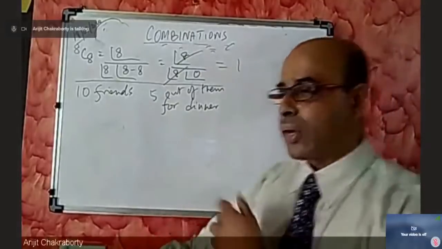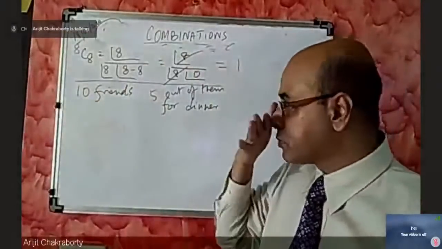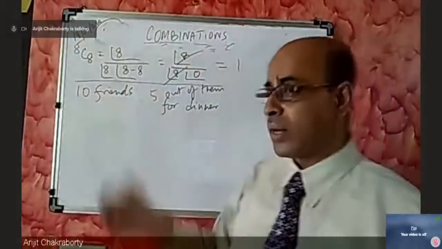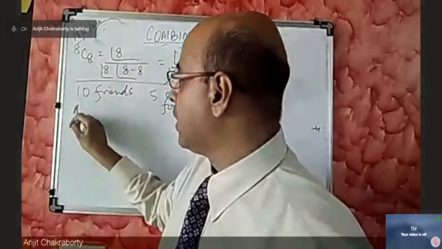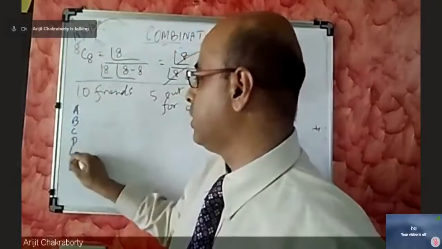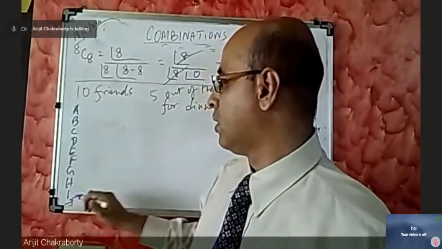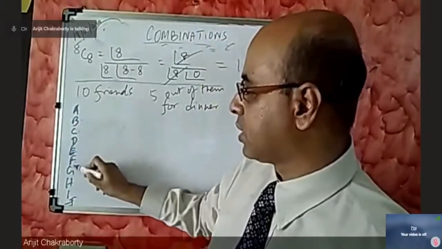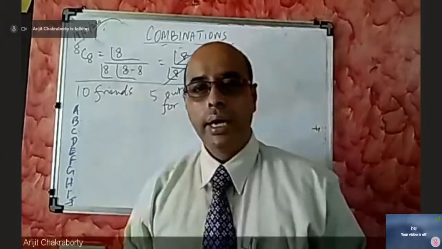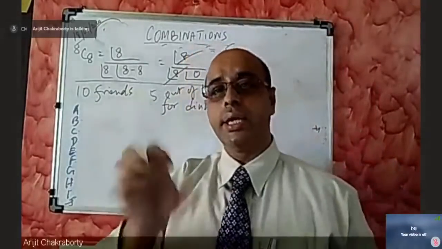So the question, dear friends, is, say 10 friends are there. Let's call them A, B, C, D, F, G, H, I, J. Okay? So you have 10 friends, 1, 2, 3, 4, 5, 6, 7, 8, 9, 10, A to J. And say you are selecting any 5 of them.